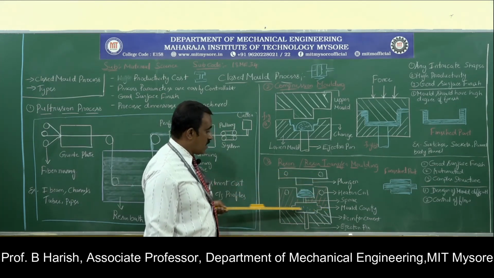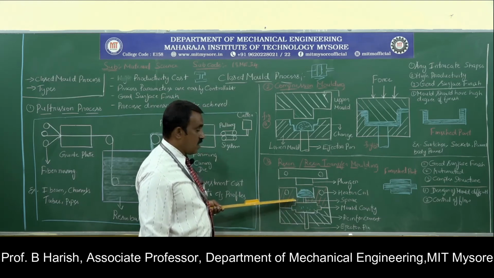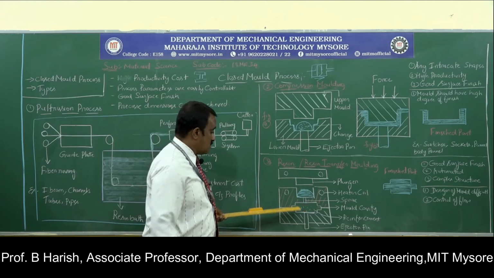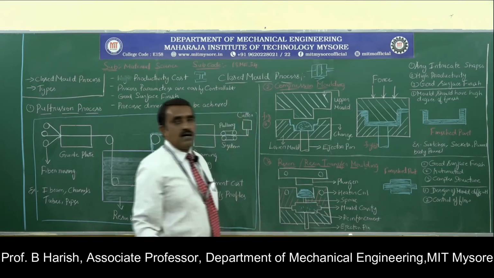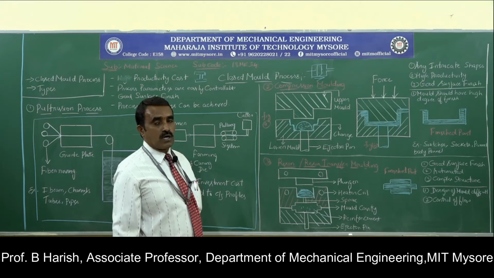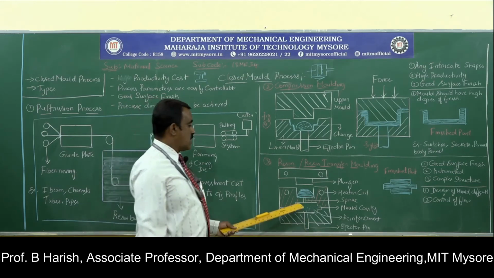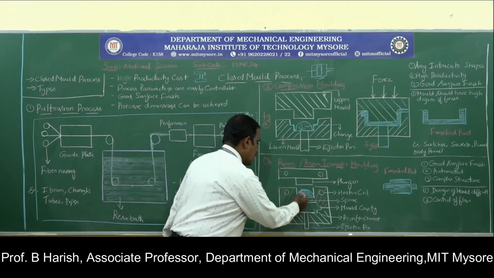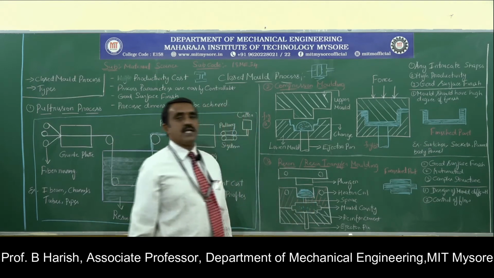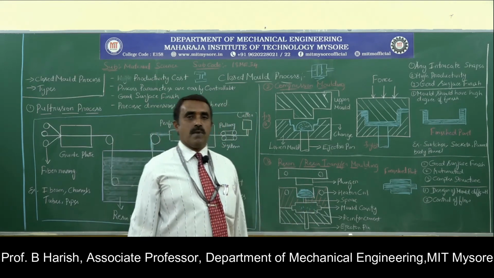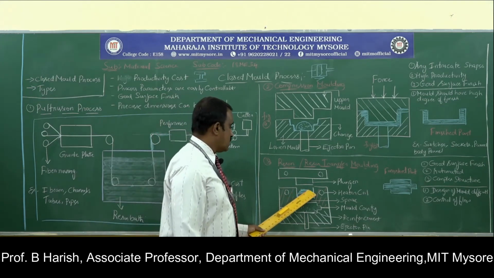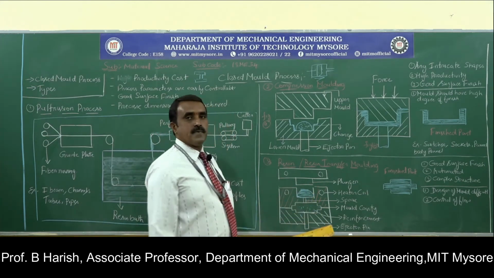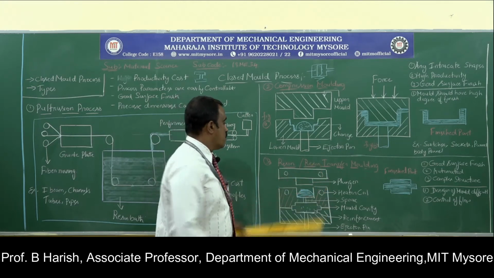Here we have the bottom mold and the upper mold. This is the mold cavity, inside which is the reinforcement. What type of reinforcement we are using will be filled. The matrix material will be selected, whatever matrix material is required. That will be placed in this cavity, and then the plunger is moved downward.